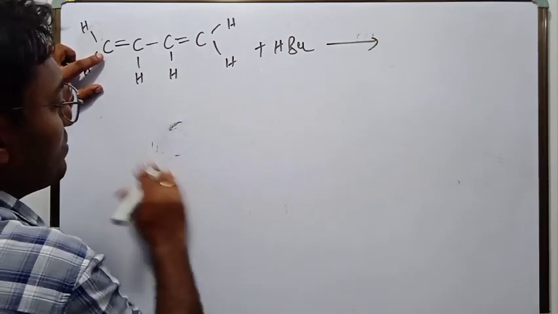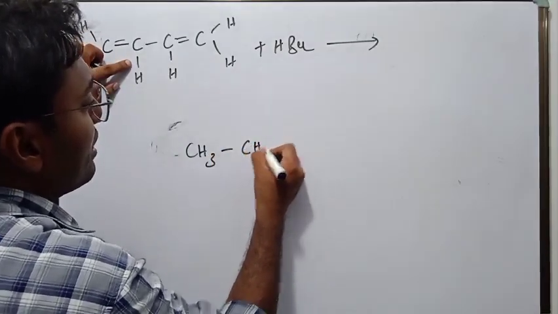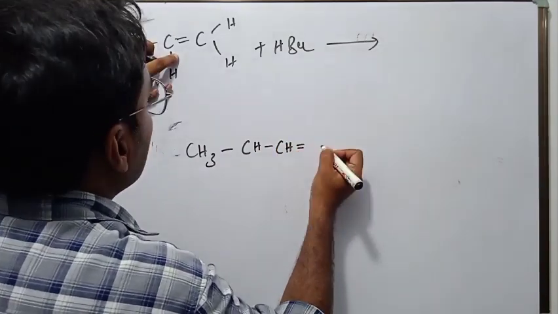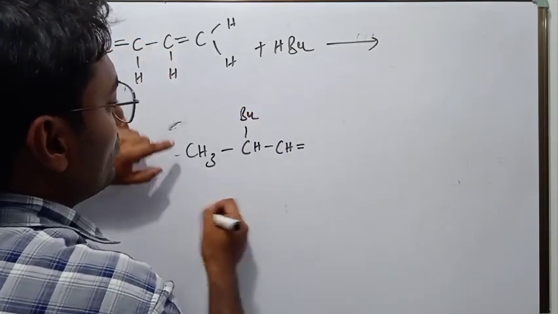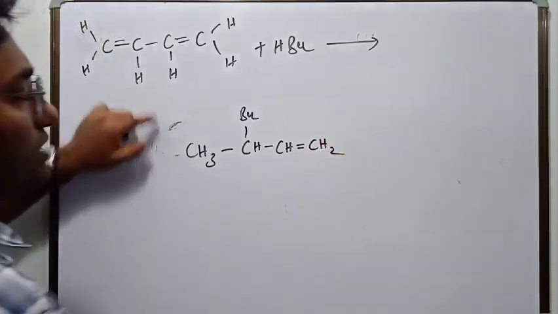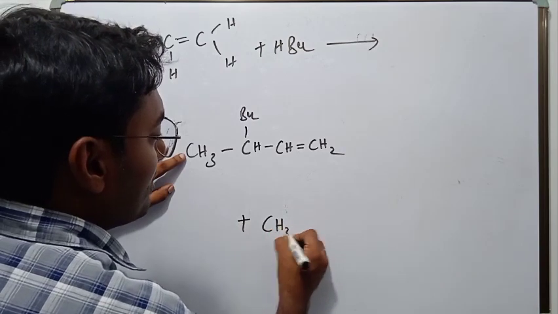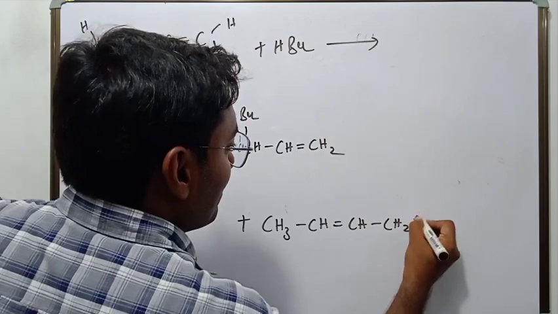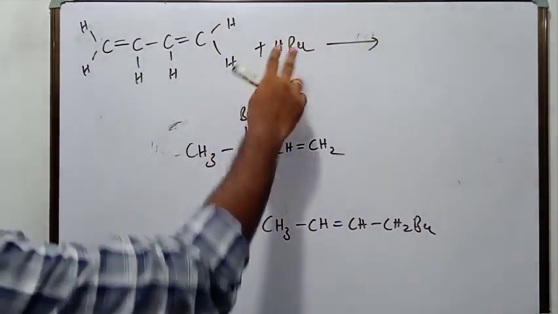That will be CH3, CH, and your second, this thing 1,2, right, and H has been added here, and that's it. That's your first product. This is the 1,2 addition product, and the second product is like this. This is the 1,4 addition product. That would be happening if you are adding HBr.